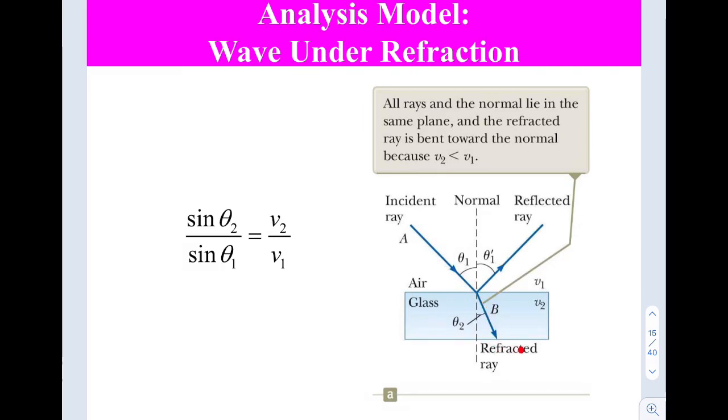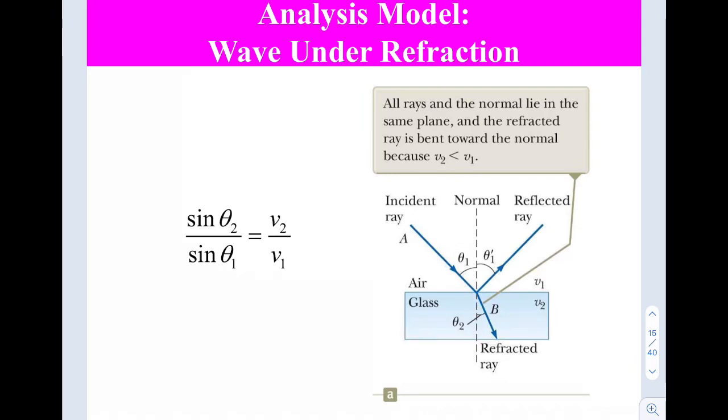This ray we call the refracted ray. The speed of the incident ray is going to be higher in air compared to the glass. As a consequence, the refracted ray is going to move nearer to the normal line.